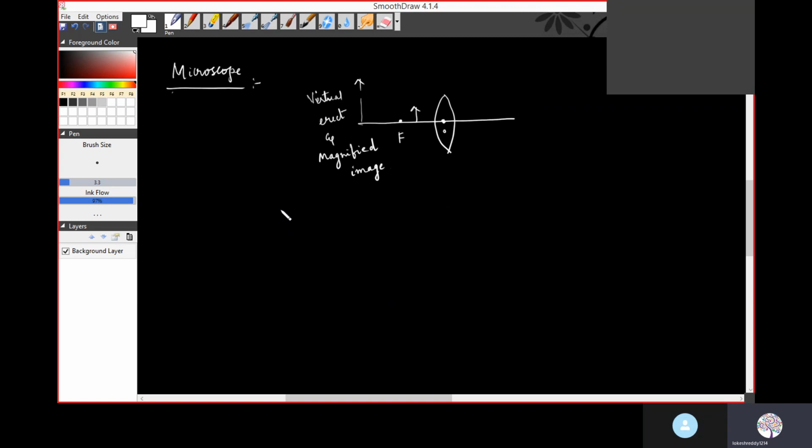The magnification is formed at D. D means the least distance of distinct vision.